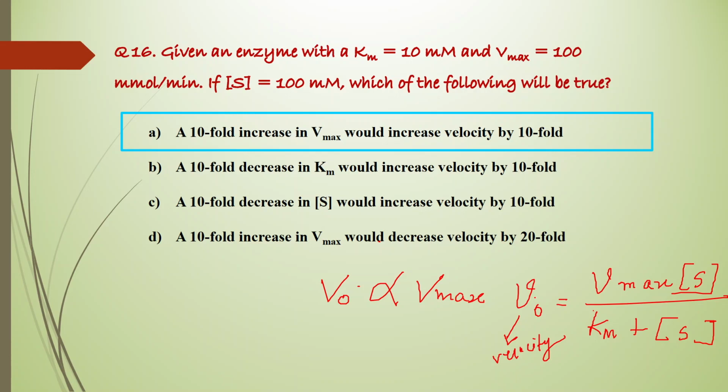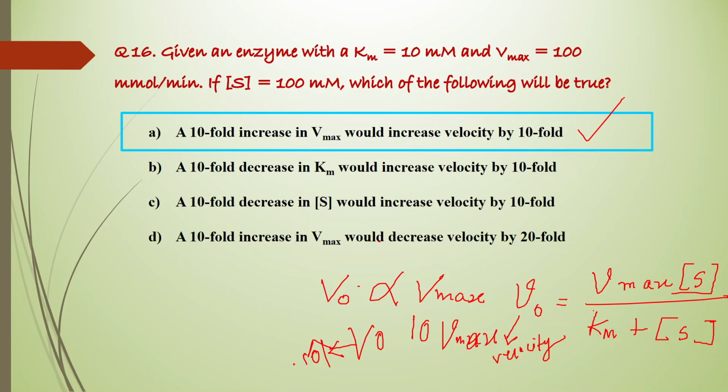We can see it from this equation that V0 and Vmax are proportional to each other. Now, if we do increase the Vmax by 10 times, obviously the value of V0 would also increase by 10 times because they have a proportional relationship with each other. So our first option, that should be the correct one.